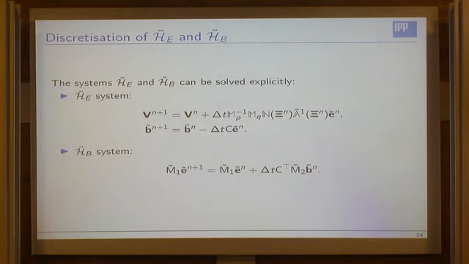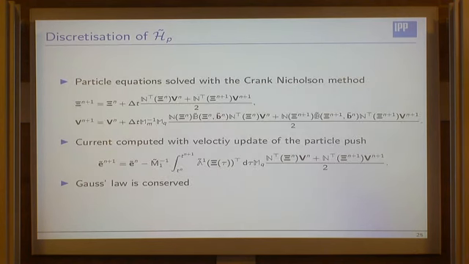So this is the E and B field. As I told you before, you can just integrate it up. But here it's a bit harder because we have this coupling between all the dimensions, so we cannot really split them anymore. And in that case, we now use a Crank-Nicolson method. So we do just an implicit method here.